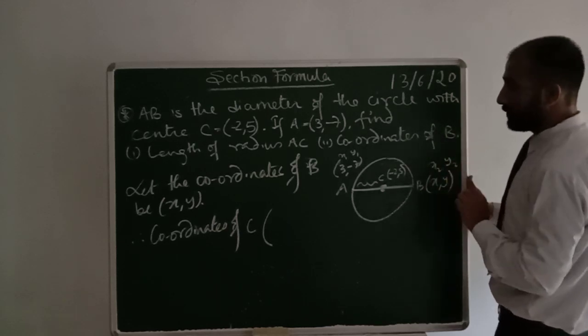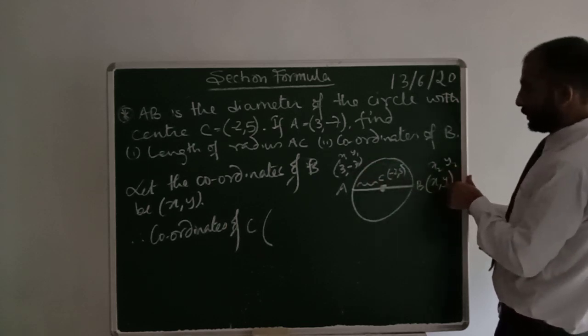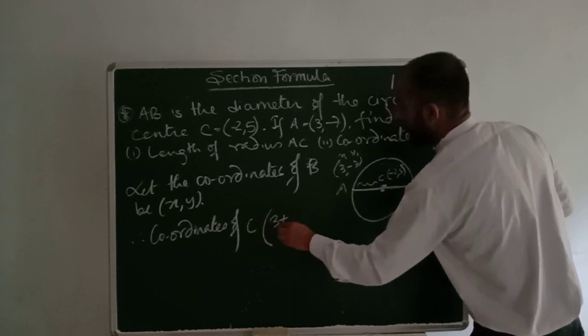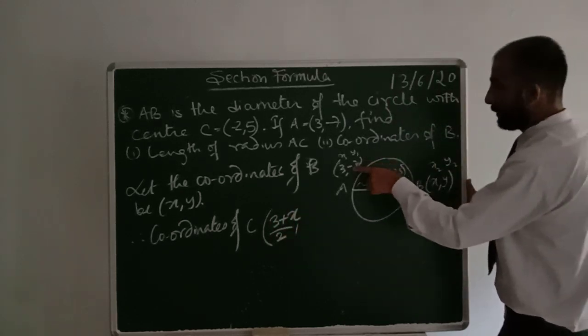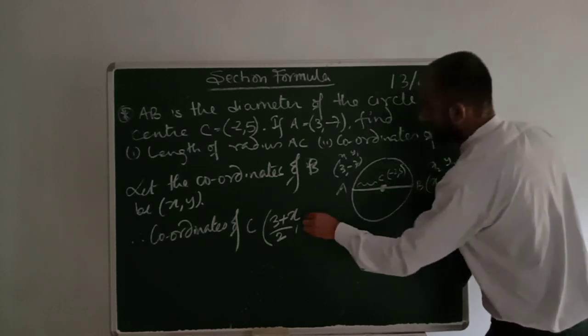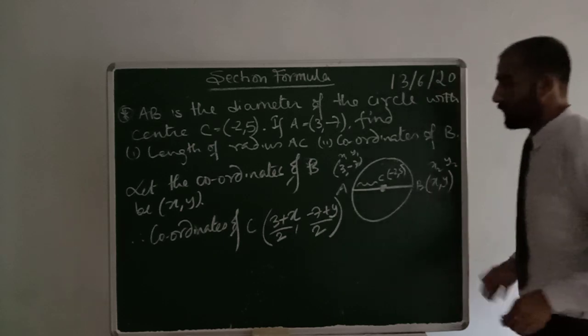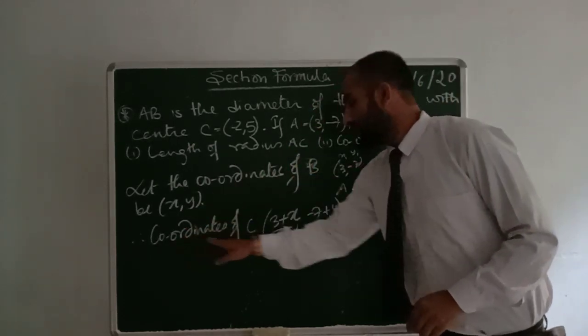So what is the midpoint formula? (x1 + x2) by 2, (y1 + y2) by 2. Okay, let's see. (3 + x) by 2, and (-7 + y) by 2. So this is according to the formula, we got the coordinate of C.